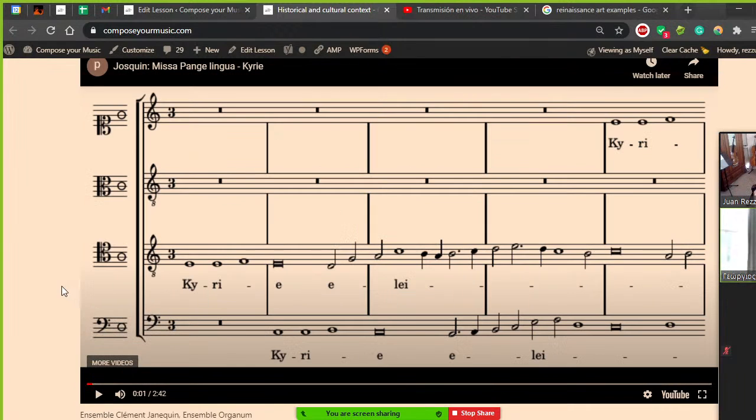By the way, this Mass, which is not included here, also always started with an ecclesiastical mode first, yeah. That, let's say, all the composition was based on it.